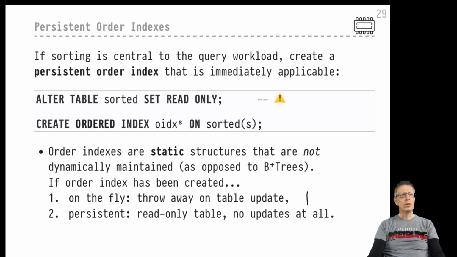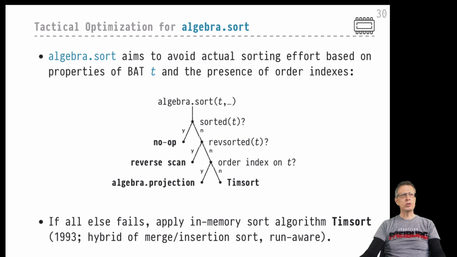As I told you, algebra.sort can indeed make use of such order indexes. And why is this the case? Because there is the notion of tactical optimization inside MonetDB, a concept that we have talked about before, but let's revisit it here.